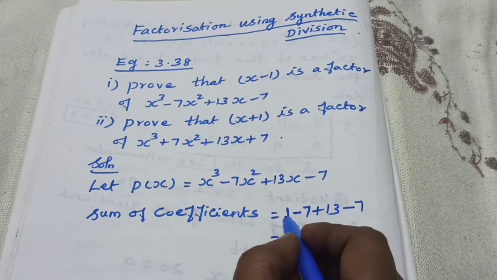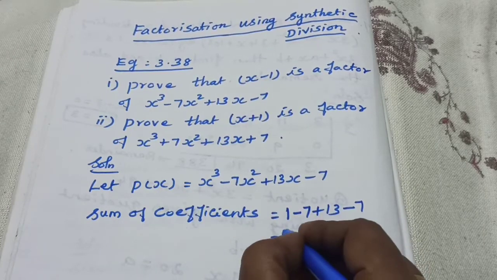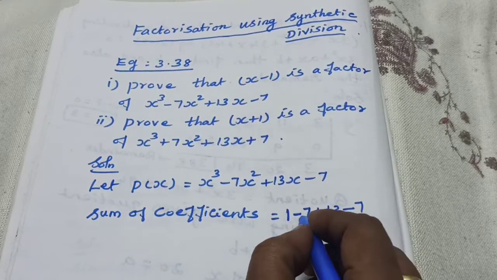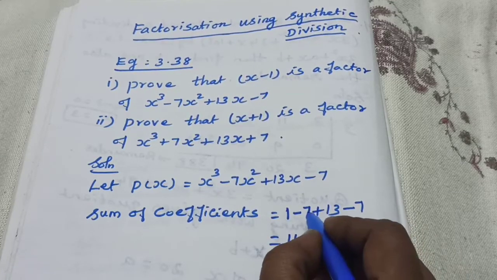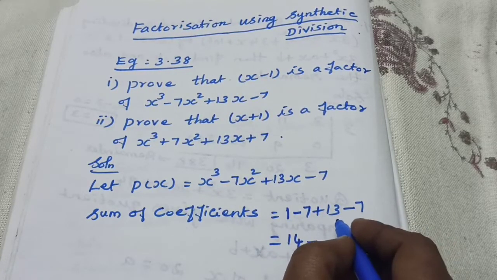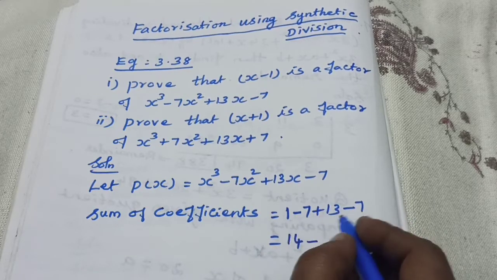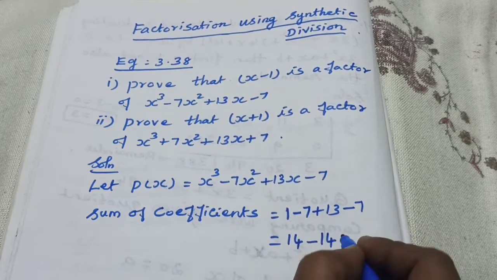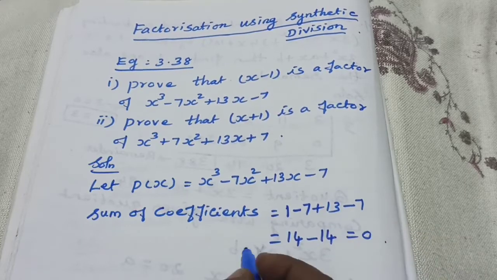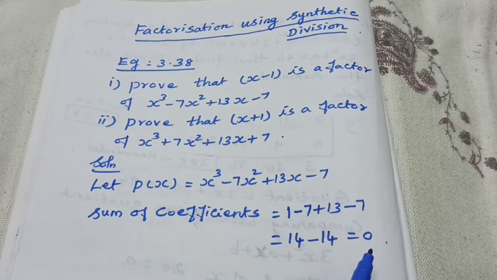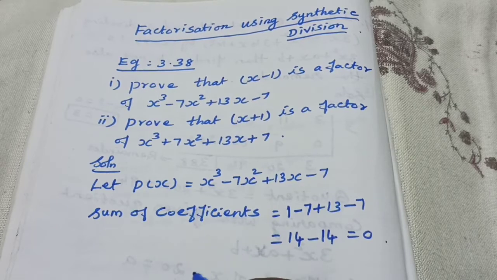Am I correct? 1 plus 13 is 14. The two negative numbers are added, sign minus: 7 plus 7 is 14. 14 minus 14 is 0. Did you get 0? The sum of the coefficients is 0. At once what we can write?